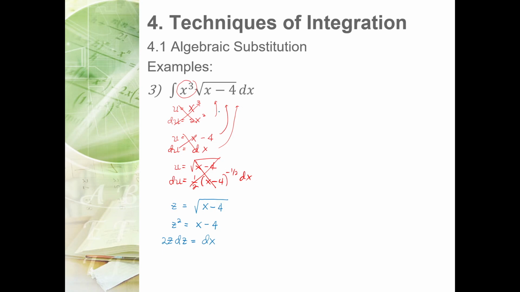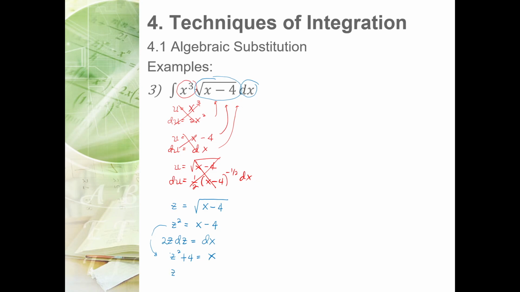Take note that we can replace the term here, the square root of x minus 4, with z. Your dx is now 2z dz. So how about x cubed? Notice here we can isolate your x. So you have z squared plus 4 is equal to x.